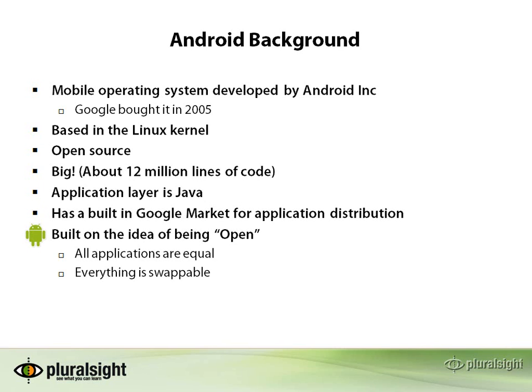Another very important concept in Android OS is the idea of being open. Basically, what this means, and we'll talk about this a little bit more later when we get into applications, is that everything, including what Google provides, is open and swappable. What this means is your phone dialer application, your home screen, all of the apps that you would consider to be basic core functionality of the system, when the developer developed those, they didn't have any more tools than you did.